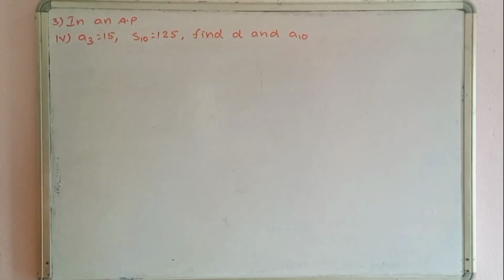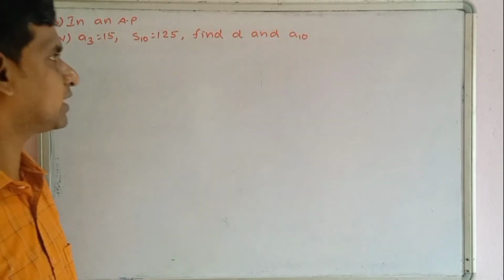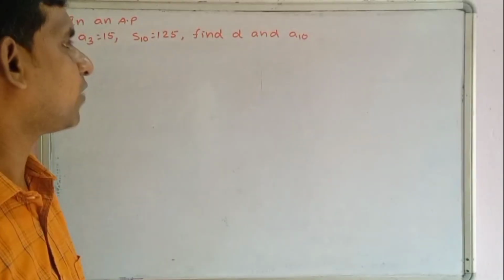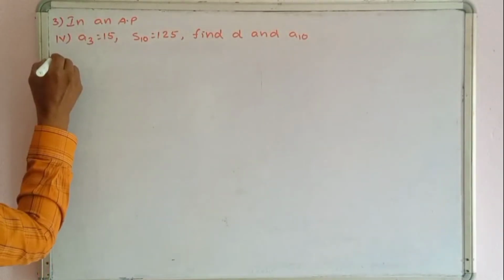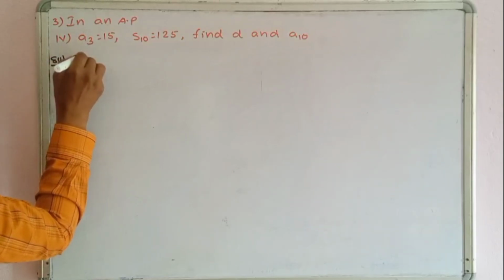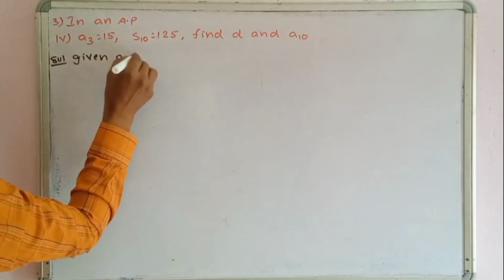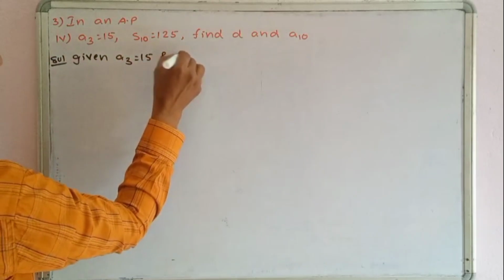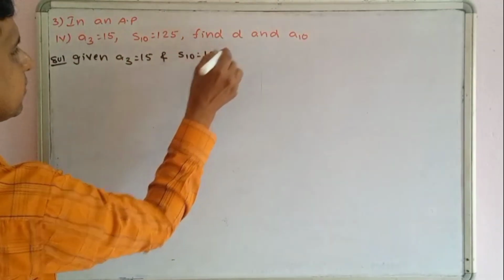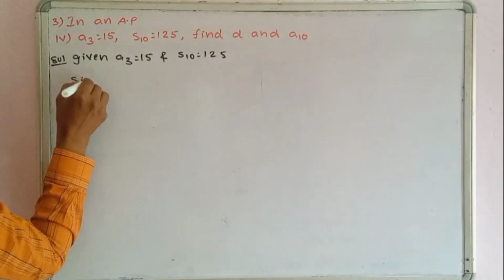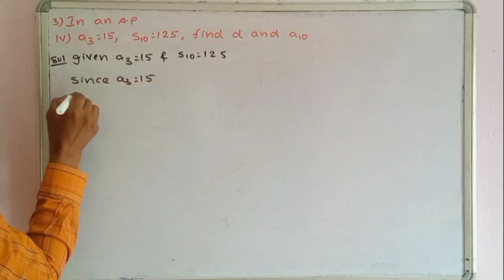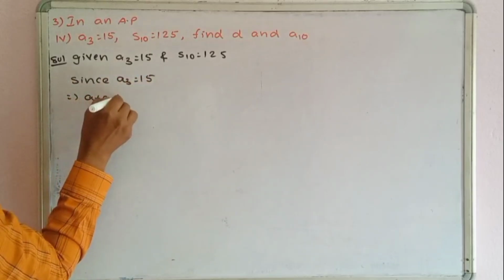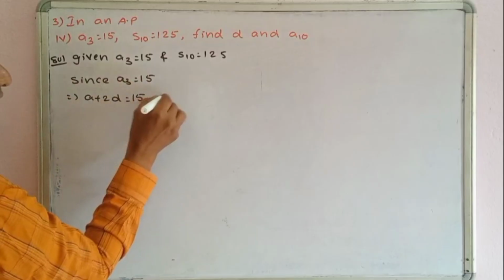Fourth one, given A3 equals 15, S10 equals 125. Find D and A10. Since A3 equals 15, A plus 2D equals 15, say it is 1.